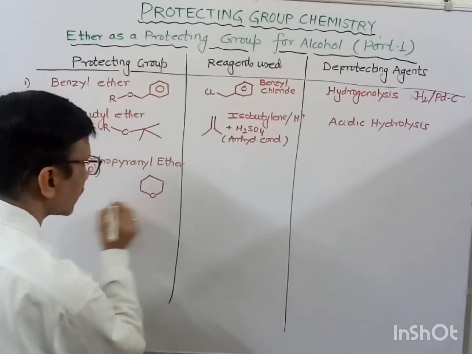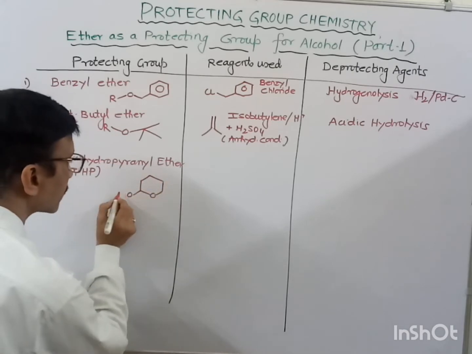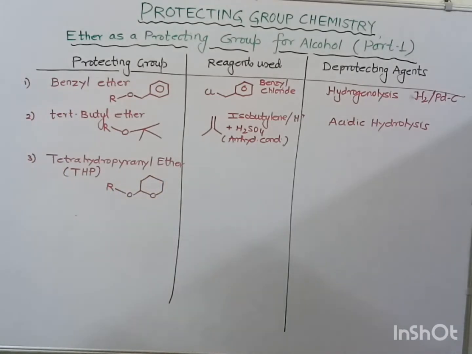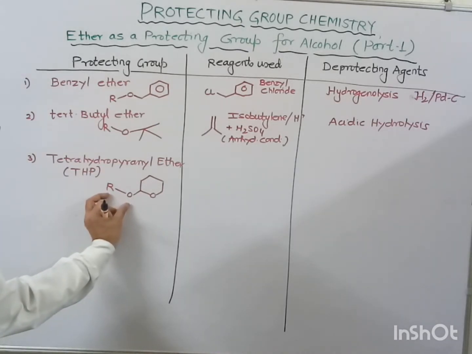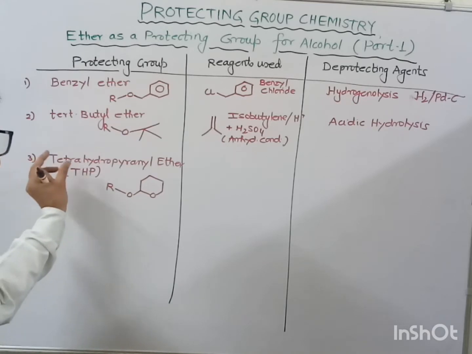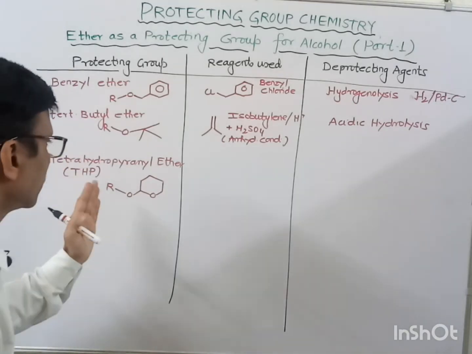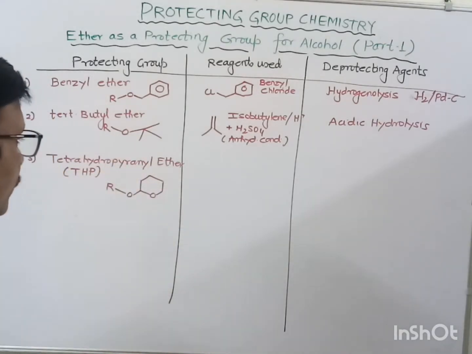If we have ROH, then it will react with the tetrahydropyranyl group to give you the tetrahydropyranyl ether.